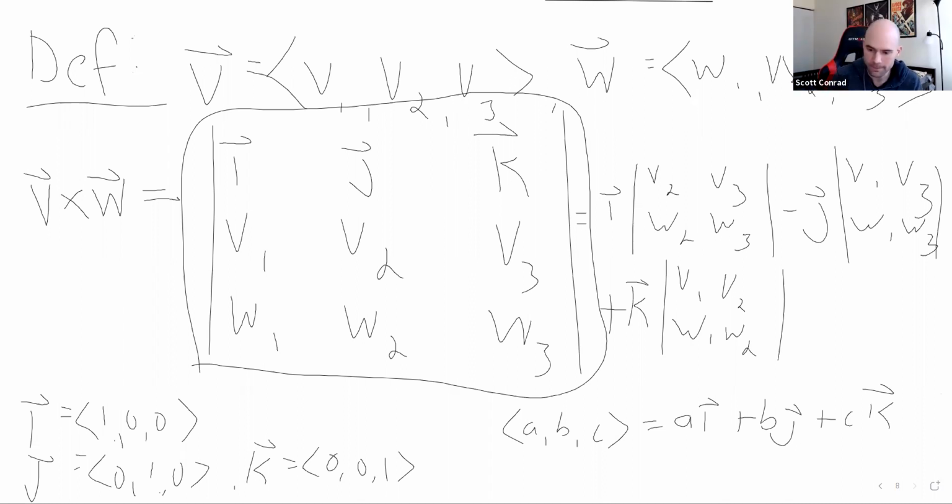So here, this is the first component of our vector, this is the second, this is the third. But don't forget the minus sign here, so you'll have to flip whatever's in there. Okay. Any questions about that formula?